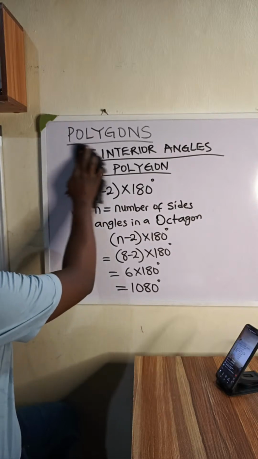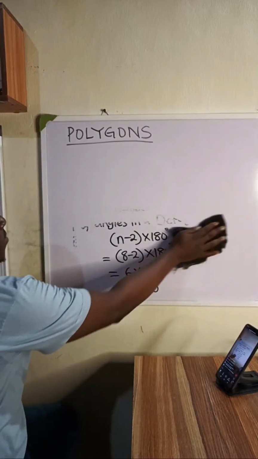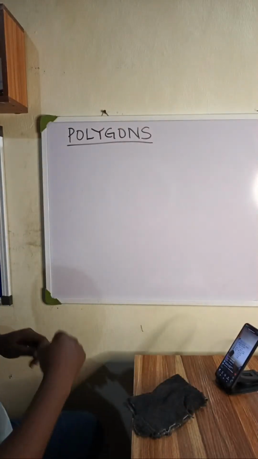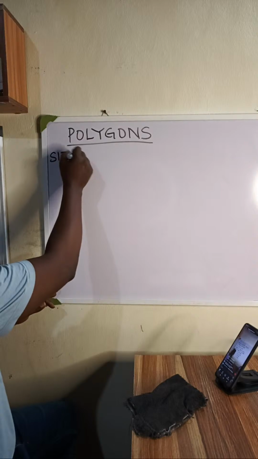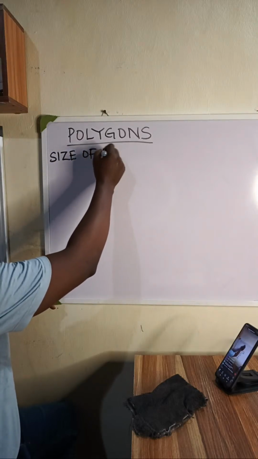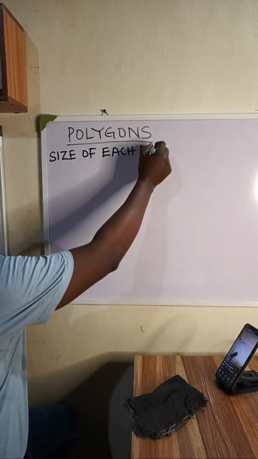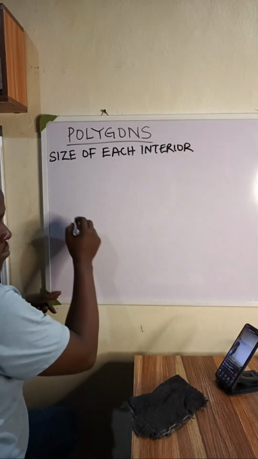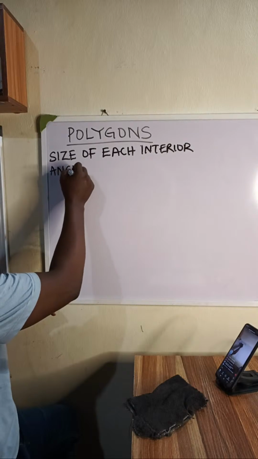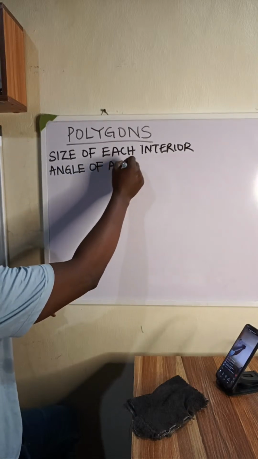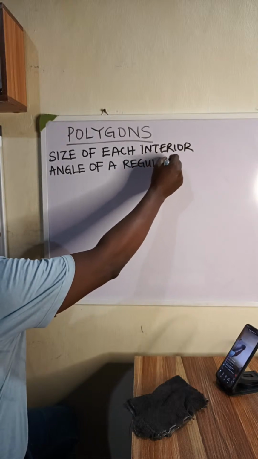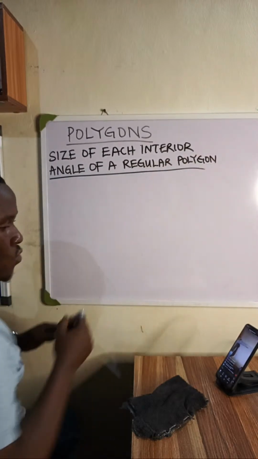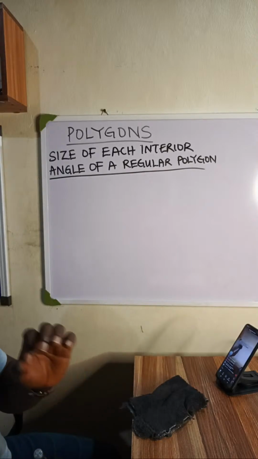Let me wipe this off. So we want to look at the size of each angle of a regular polygon.